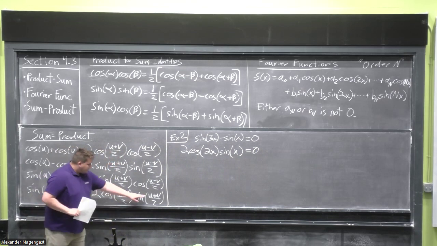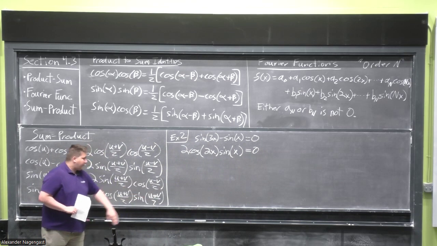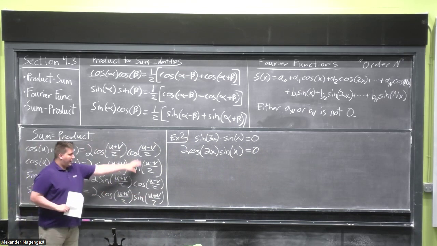So apologies, I wrote sine of u plus v. This is u minus v divided by 2. That's a similar pattern for all these.